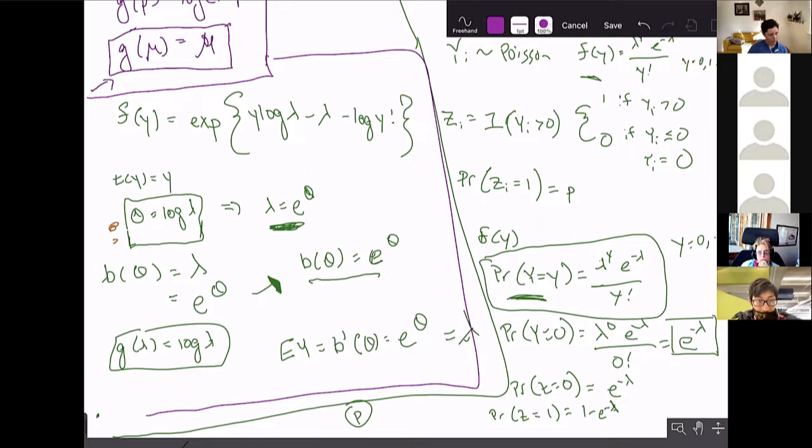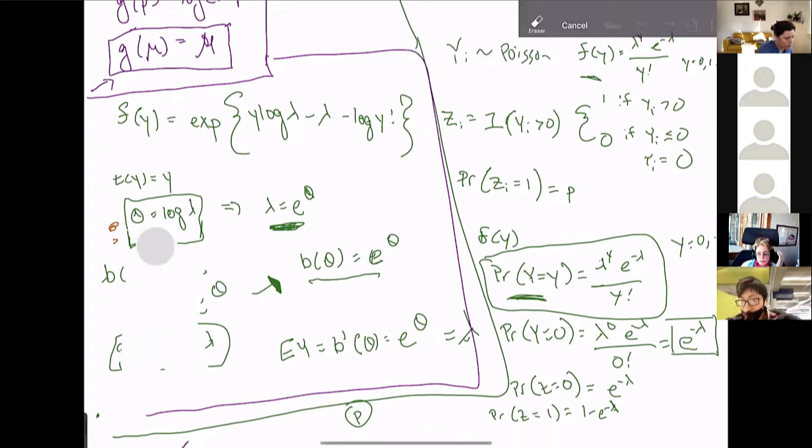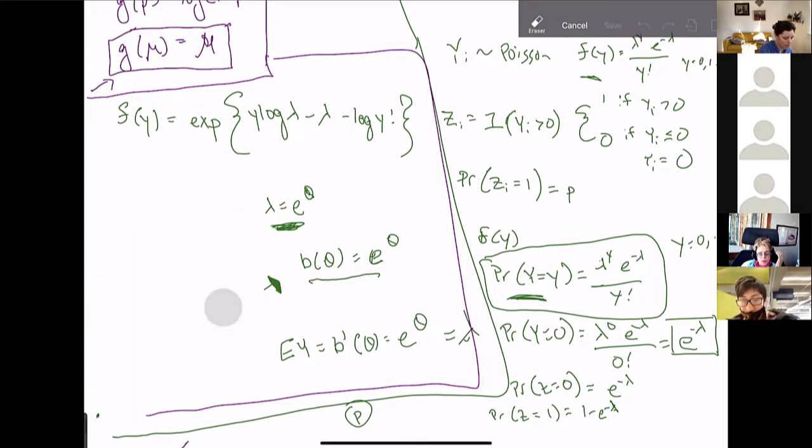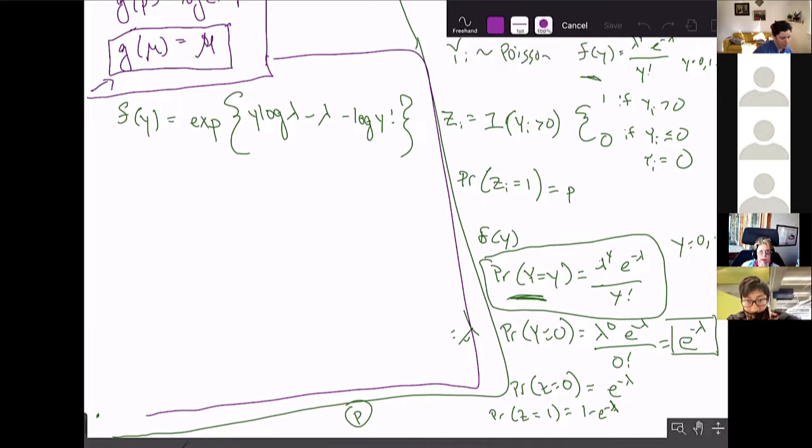So what do you have for each of the pieces, like T and Y and theta and everything? Yeah, for theta, I've got log lambda.